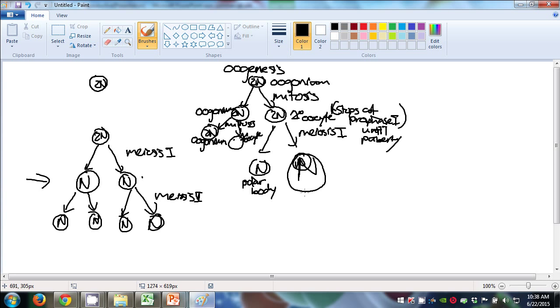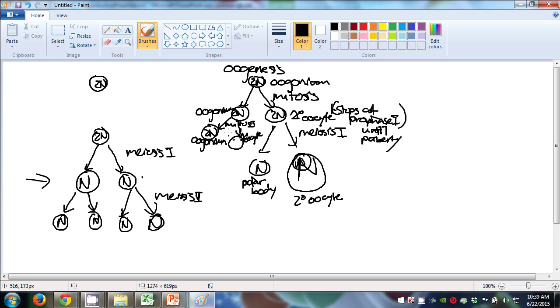And this larger one is the secondary oocyte. This polar body, remember, gives off all the cytoplasm and cellular organelles to the secondary oocyte, so that the secondary oocyte will end up becoming the ovum later, so that you have a large cell to support the developing embryo. Does that make sense? So you want most of the stuff in one cell.